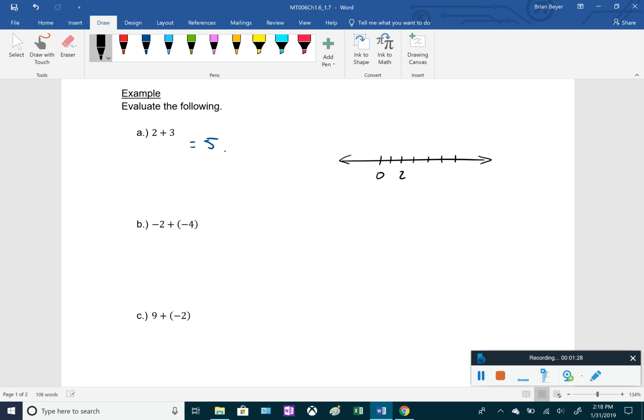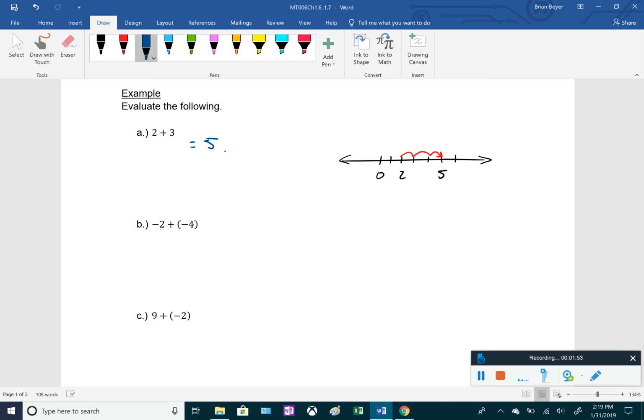If we want to add 3 to 2, I start with the leftmost term in the expression, 2, and then we're adding 3, so that's 3 to the right, which gets us to 5. You probably didn't need to do it for that one, but that's how you can think about it.